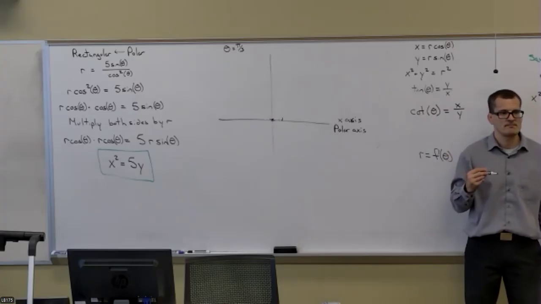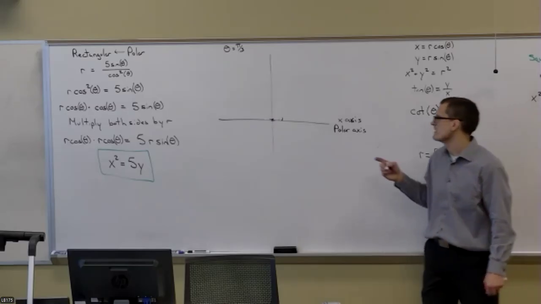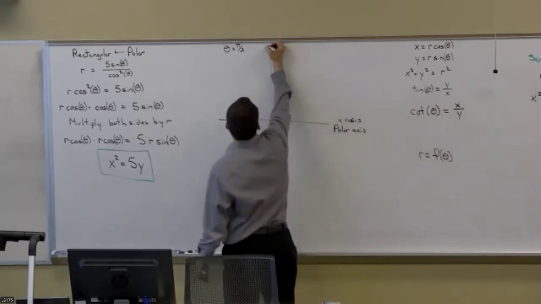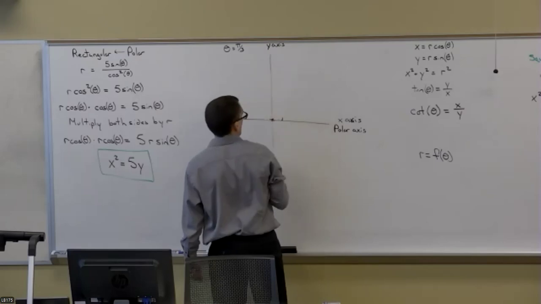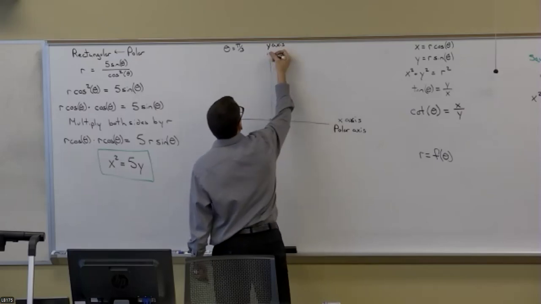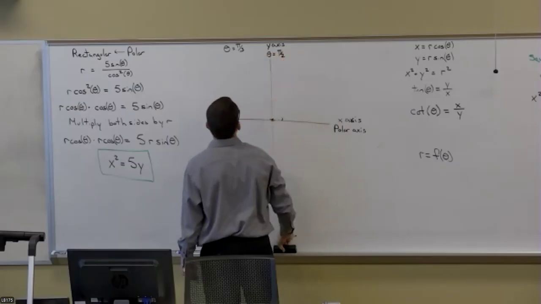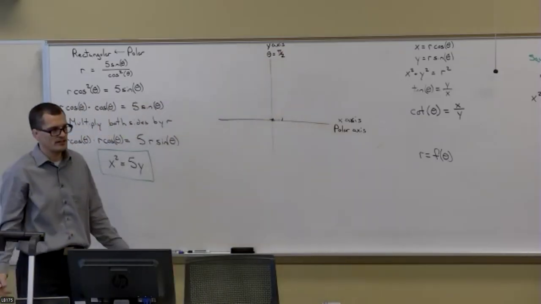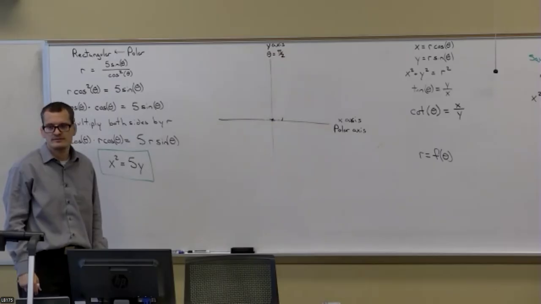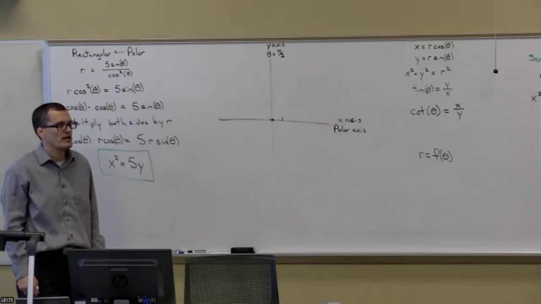Look at that. This is called the y-axis in rectangular coordinates. And in polar coordinates, we often call this theta equals pi/2 for the obvious reason that it's theta equals pi/2 line through the origin. So the y-axis is also called theta equals pi/2.